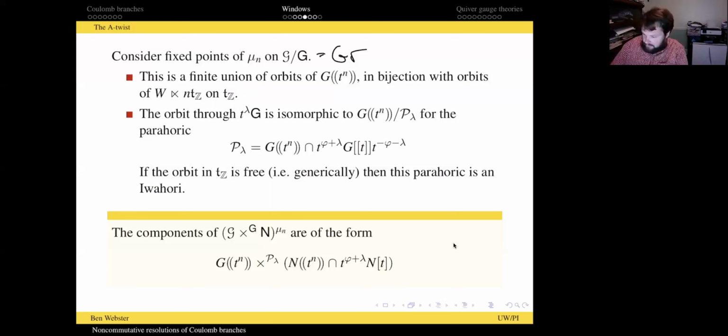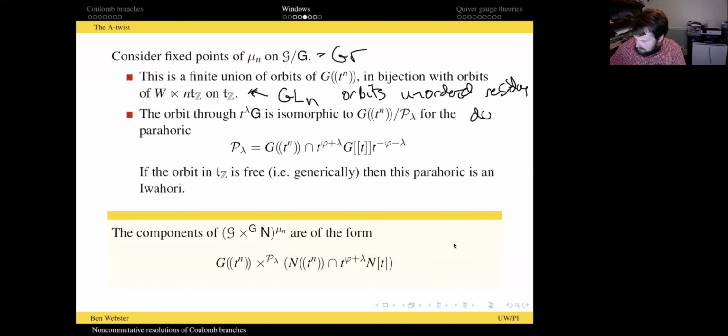And so, for example, let's say in GLN, these orbits are fixed unordered residues mod n.